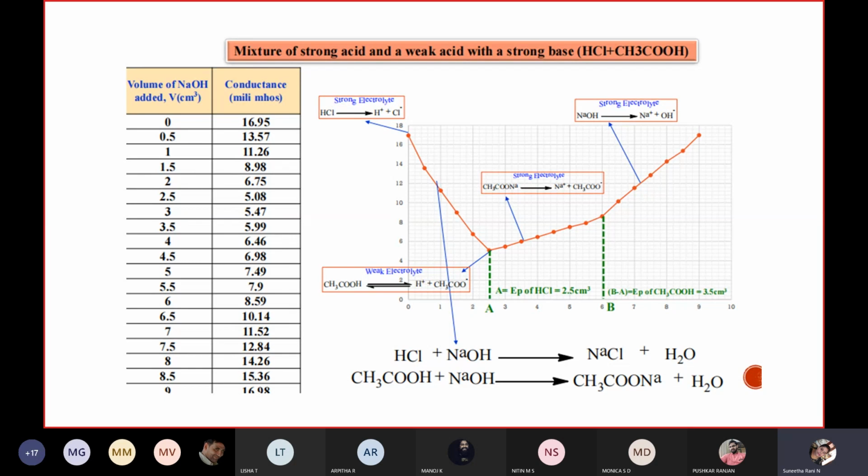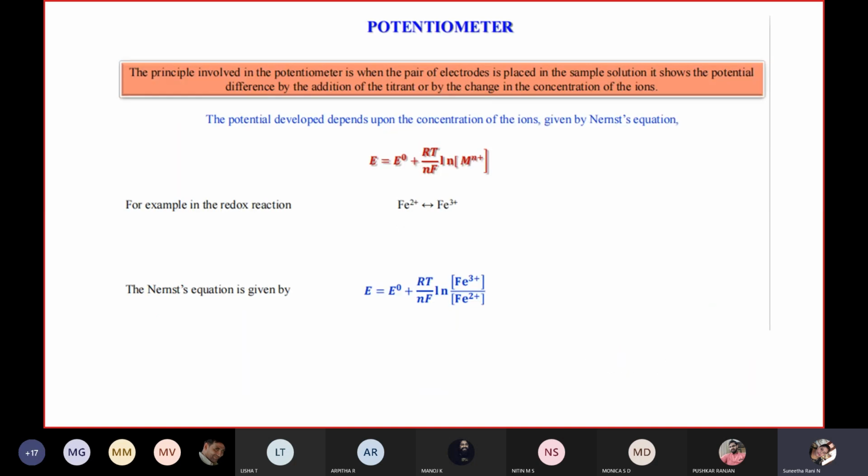Last class we just started this instrumentation and we completed 3 experiments, correct? Potentiometry is also done.